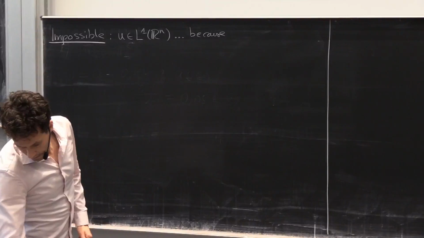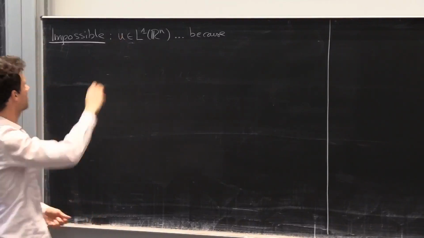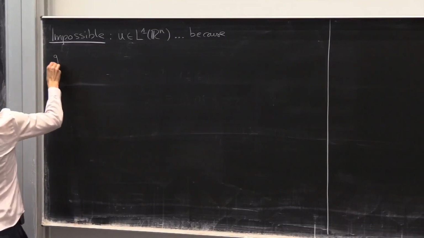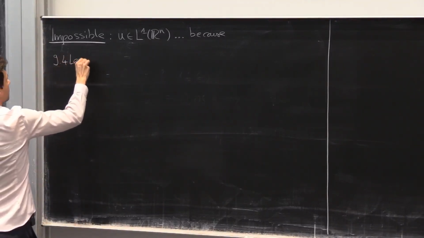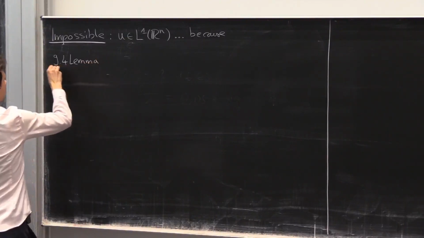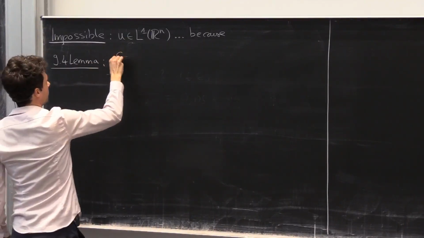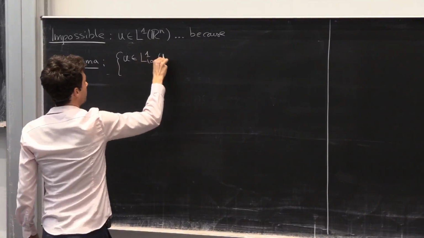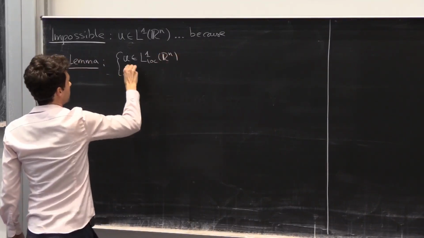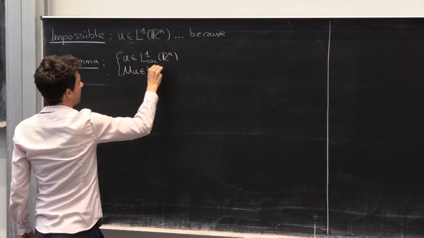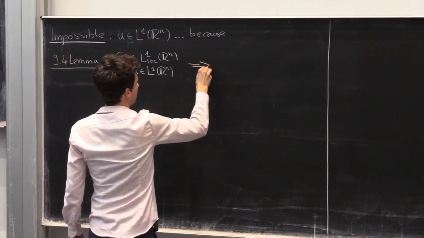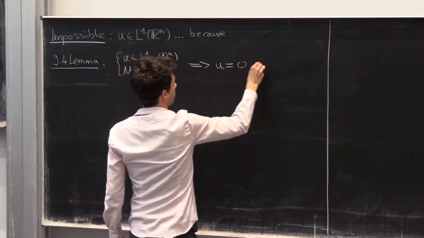What number should that lemma get? By the way, I should call this equation over there 9.1. I'm going to do that later on, and that should be 9.4. A lemma. Lemma says the following. If simultaneously u is locally integrable and its maximal function is L1, these two things together imply that u is 0 almost everywhere.